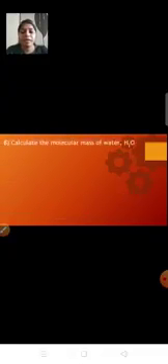Next one, eighth one. Calculate the molecular mass of water. Okay, H2O. Now molecular mass, just as we had atomic mass, in the same way we have molecular mass. Even the masses of molecules were very, very small. So molecular masses were calculated using relative mass, the same way as for atomic mass.